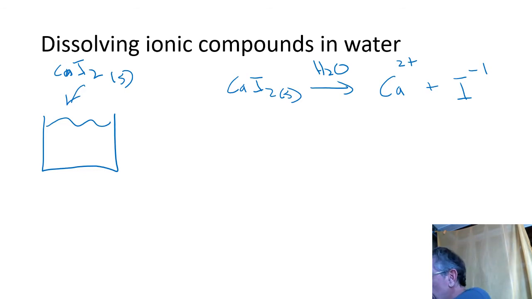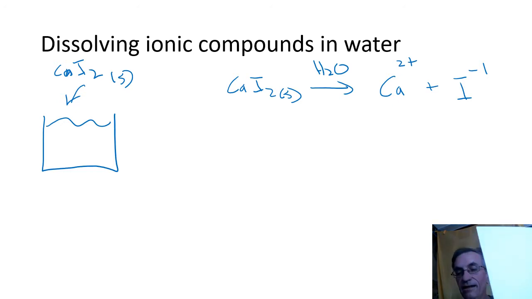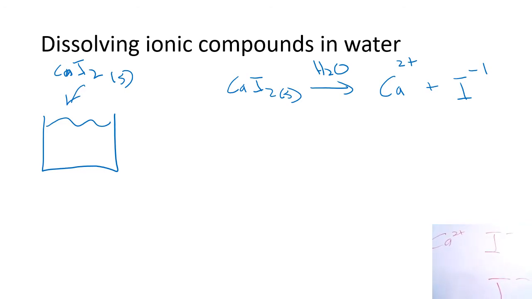So let me get a piece of paper here and show you. So our original compound, I'm going to write it out here, is this. Can you see that? It's made up of a calcium and 2 iodines. When you put it in water, all 3 of these separate from one another. So you're going to get the calcium broken up.